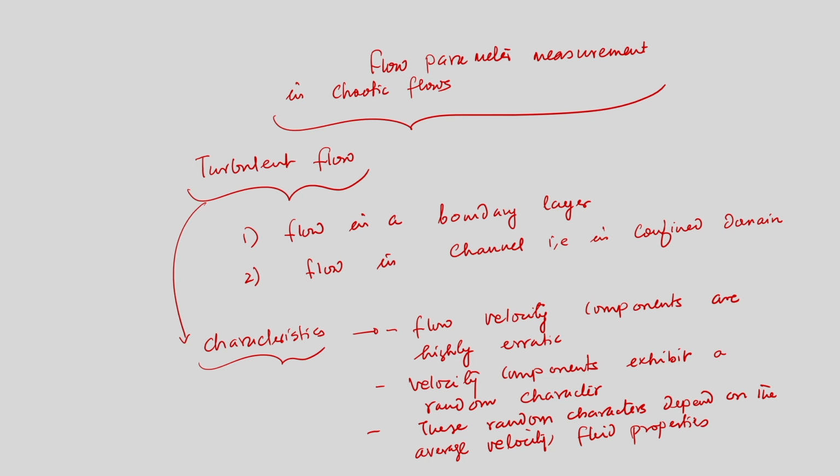That means the turbulent flow is characterized by its randomness, it is highly chaotic, highly erratic, velocity components exhibit a random character, and these random characters depend upon the average velocity and fluid properties like fluid density and viscosity, that we have studied in our undergraduate fluid mechanics course.